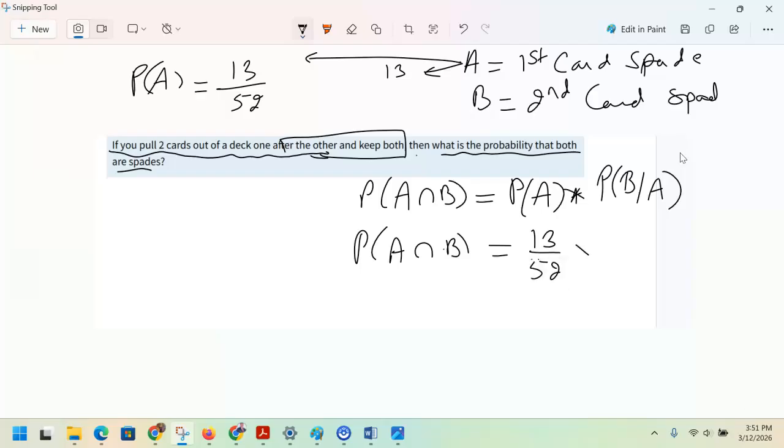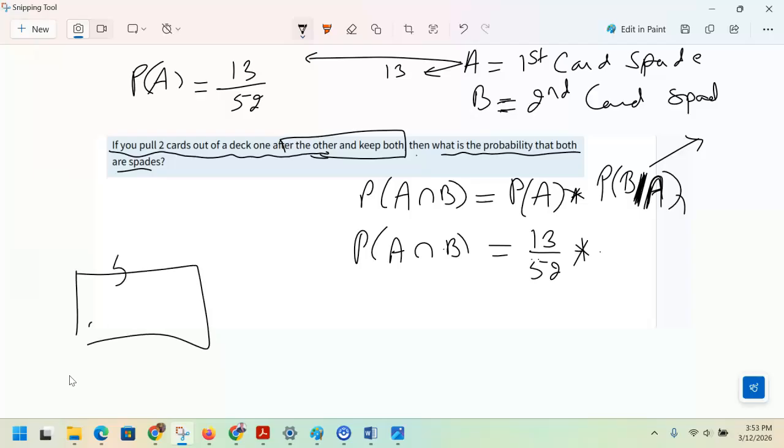And the next question says, what is the probability that you already know? So what does this mean? Now this is slightly different. That means you are being told that the first card is already a spade card. From the deck of 52 cards, one spade is already taken.